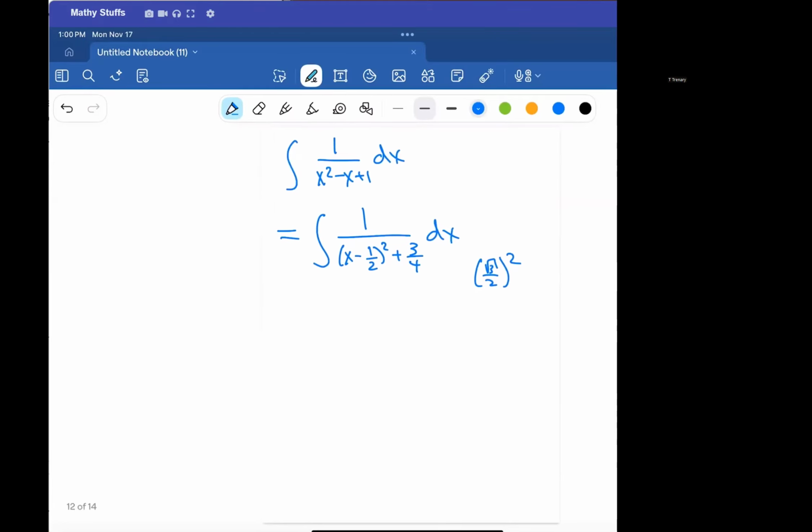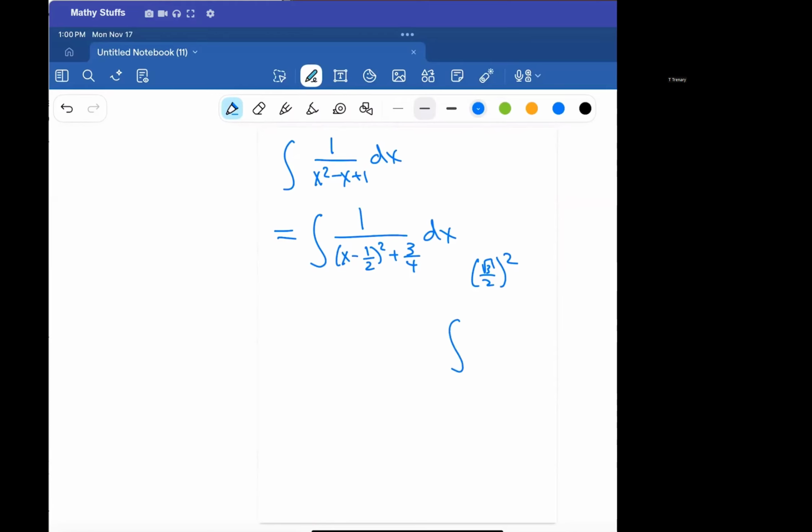So next, I'm going to rewrite this thing because if you look in your tables or if you remember your basic forms, we've got a form that looks like this. And that is the arctan form. So the arctan's coming back again. That's arctan of u. But I need to have u squared plus 1 in the bottom.